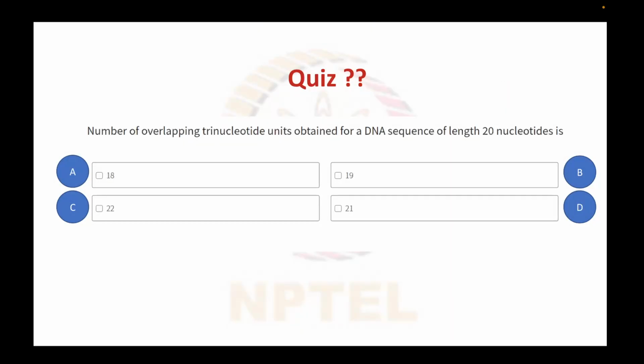So now, the number of overlapping trinucleotide units obtained for a DNA sequence length of 20 nucleotides is? Okay.